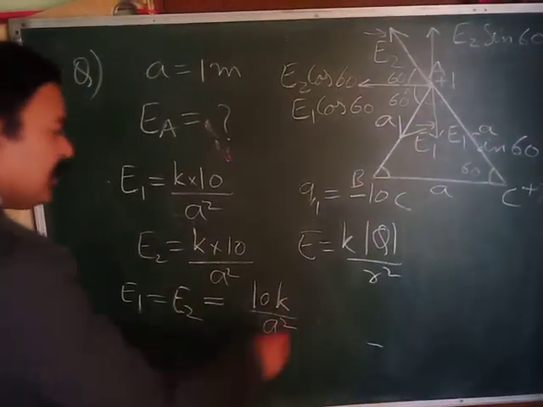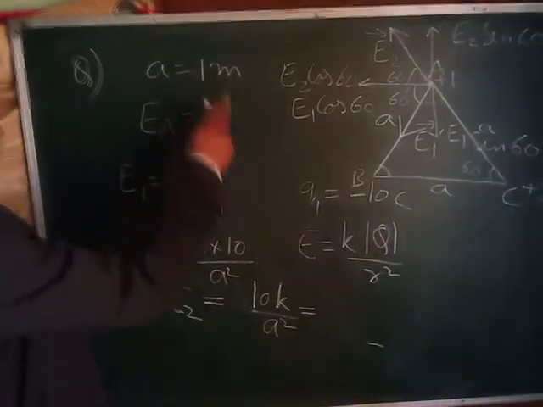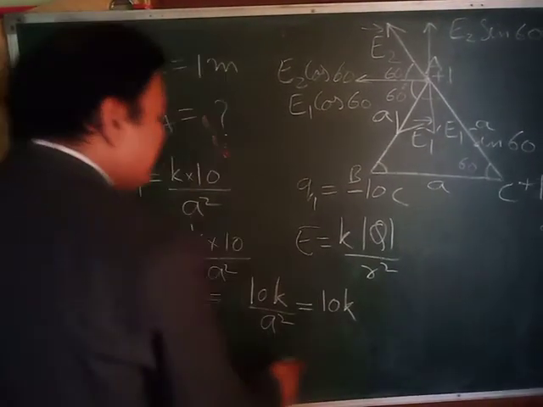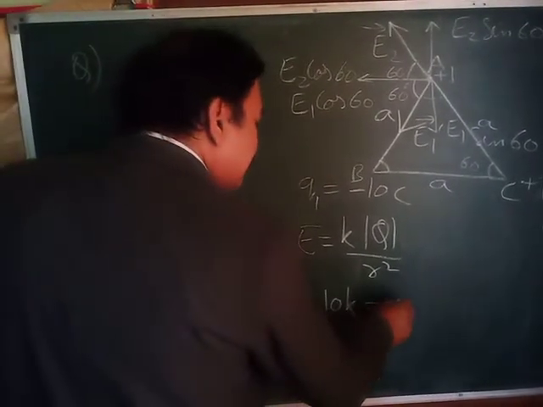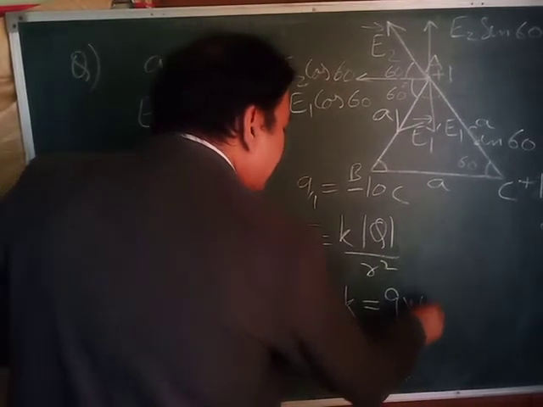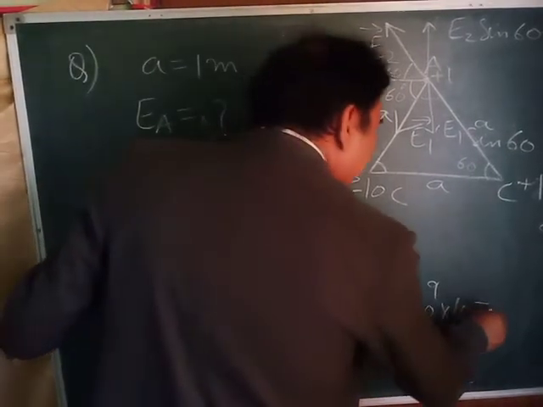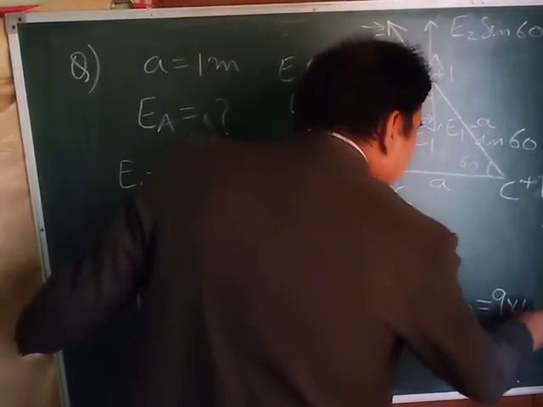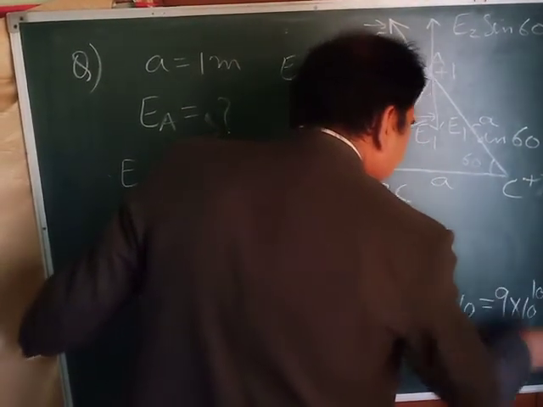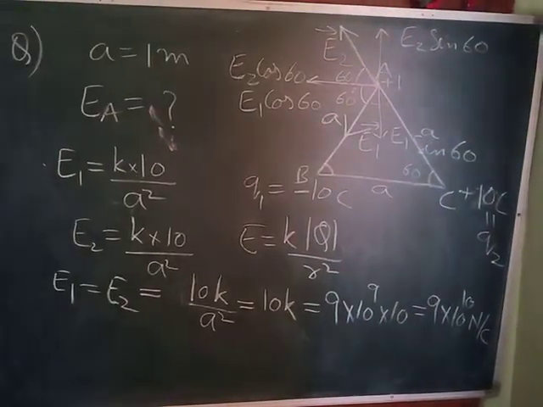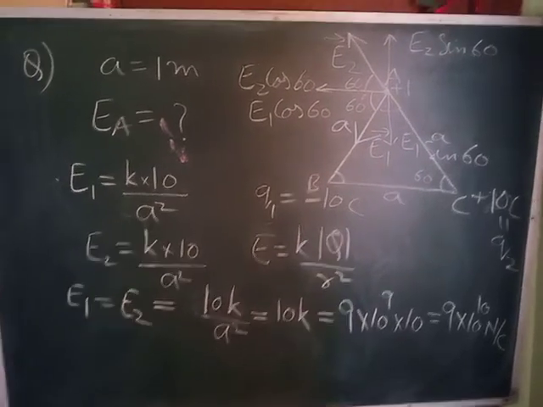Putting the value of A, 1 meter, we get 10 K only. Putting the value of K also, we write 9 into 10 to the power 9 into 10, that is 9 into 10 to the power 10 Newton per coulomb. Both are equal.